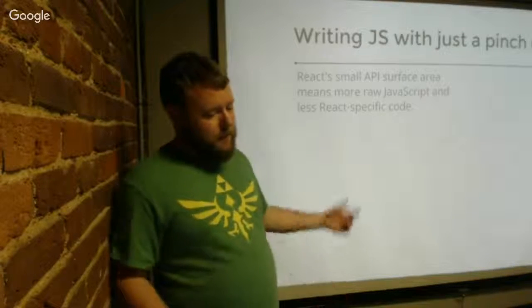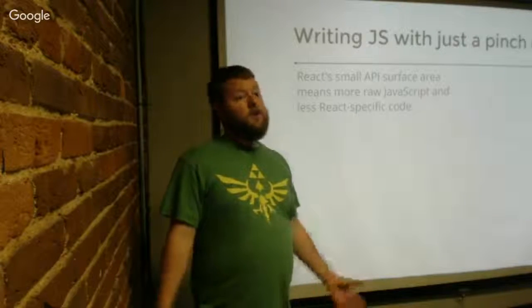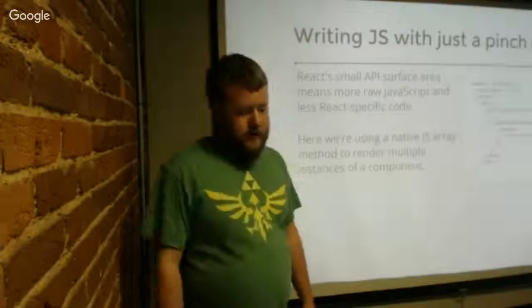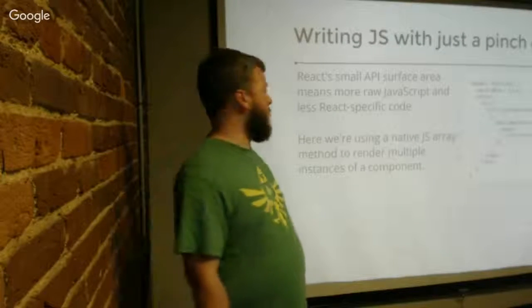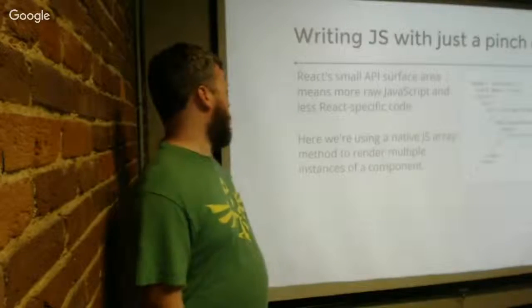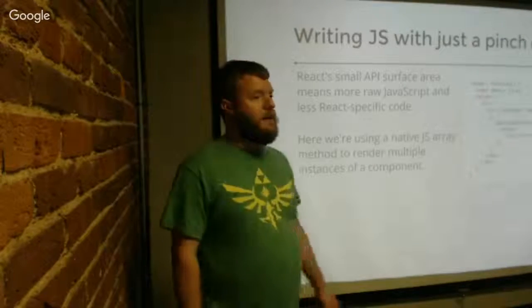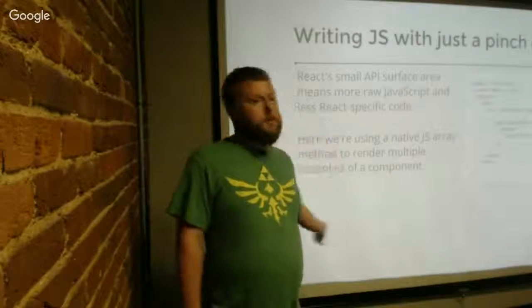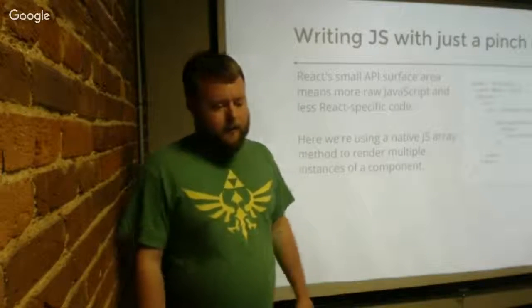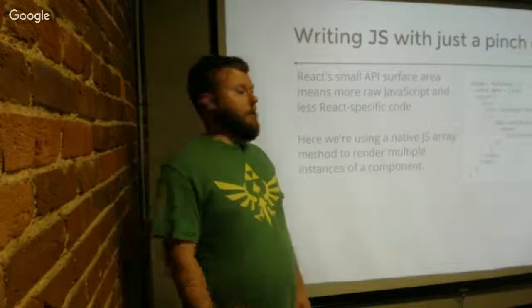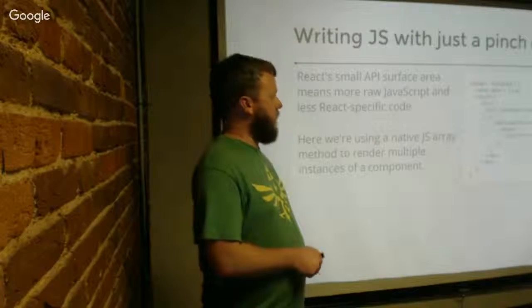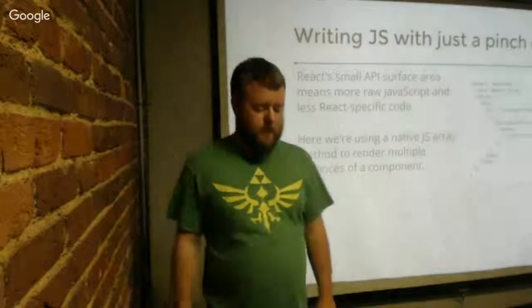React's small API surface means more raw JavaScript and less React-specific code. Here we're using a native JavaScript array method to render multiple instances of a component instead of having some magical ng-repeat that does God knows what behind the scenes. We're using array.map, and we're just instantiating a new thing, passing in our little indices and such, right?